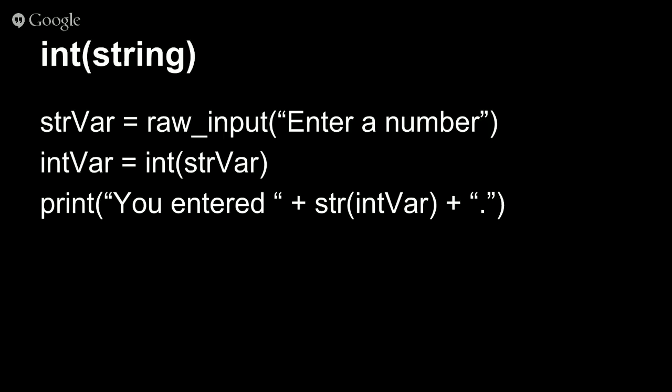Once I type in a number and hit enter, it will set string variable, or str_var, to whatever I typed in, as a string. Now, if we're going to do numerical stuff like addition, subtraction, and comparisons, that's no good.